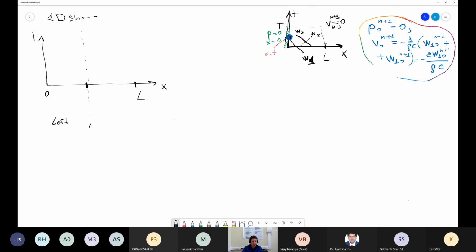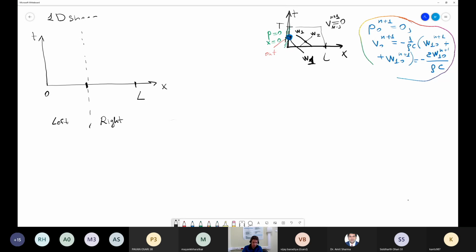All parameters will be subscribed by capital L, and the right part, all parameters and values will be subscribed with capital R. And we have, in fact, two bodies, two subdomains, left subdomain and right subdomain, or left body and right body, with some contact here.